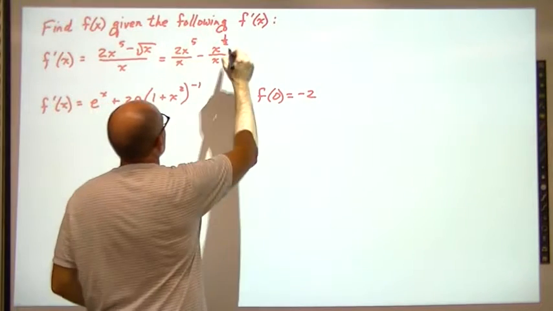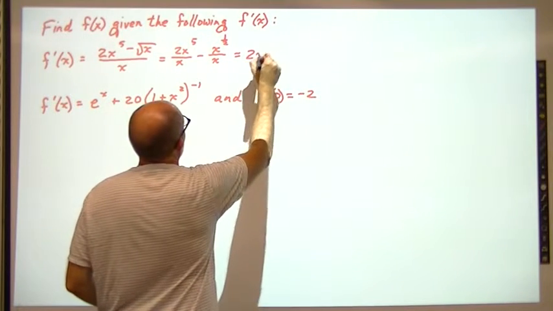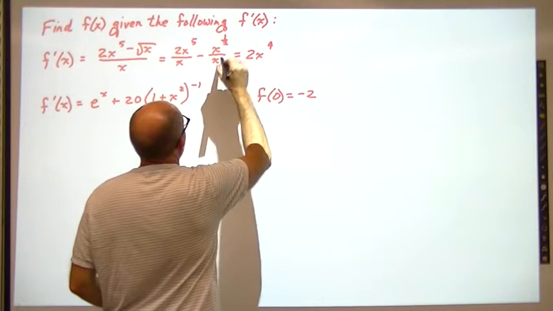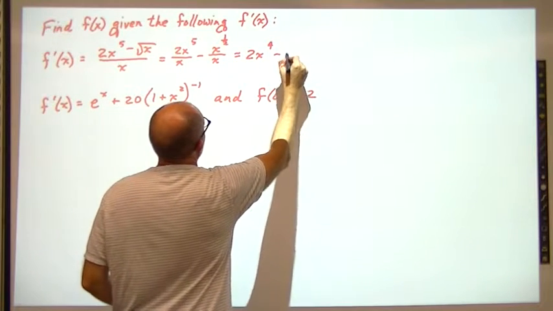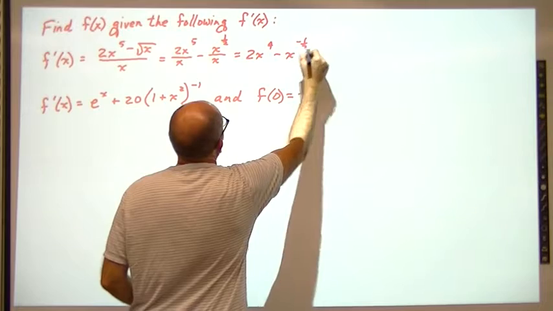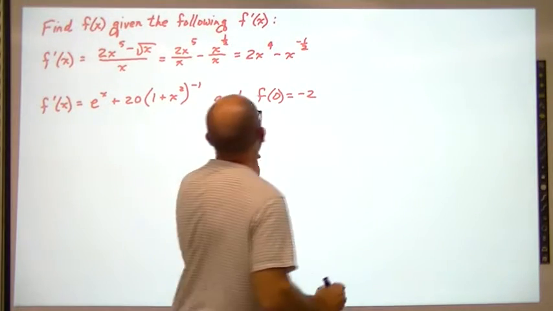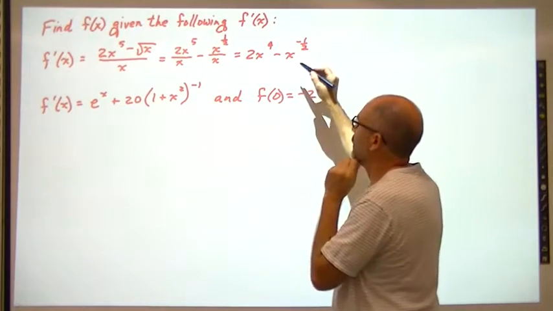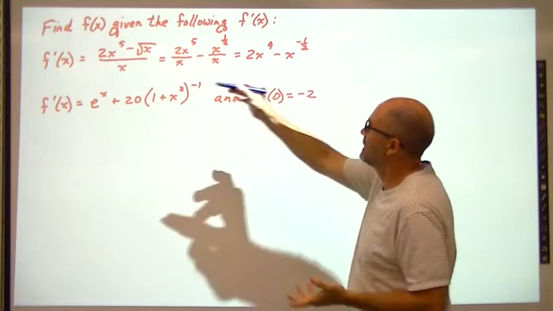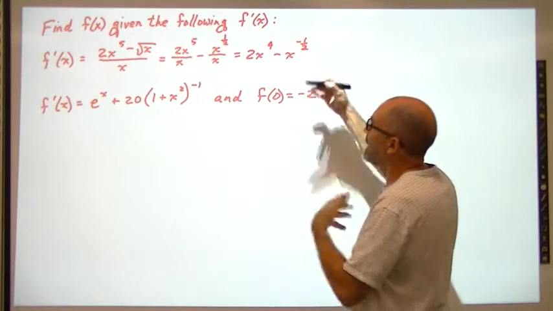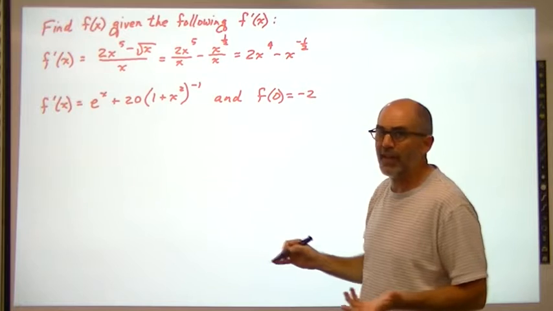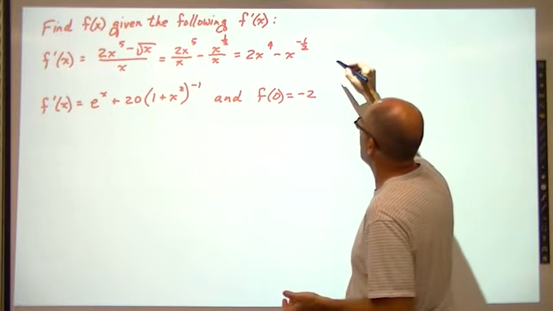Now, 5 minus 1 is 4, and 1/2 minus 1 is negative 1/2. I could have made this 1 over the square root of x, but I'm trying to do the antiderivative, so I'd rather leave it as a fractional exponent.